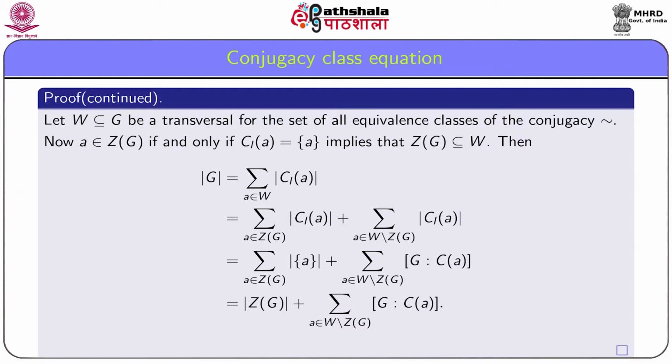If a is in Z(G), then the order of CL(a) is equal to 1.